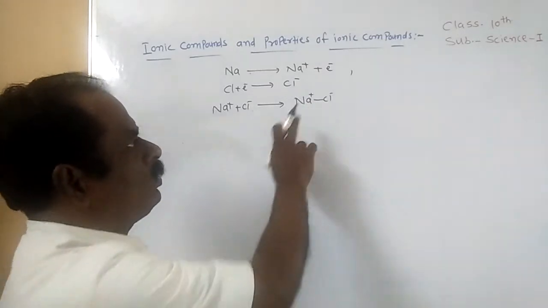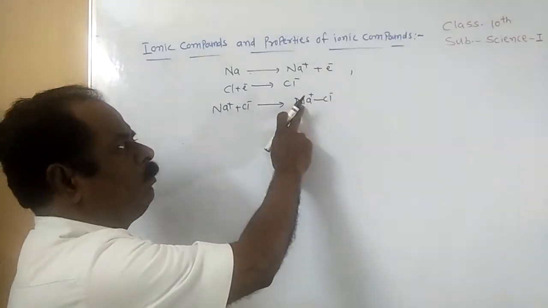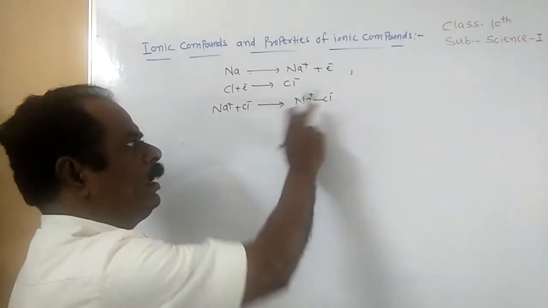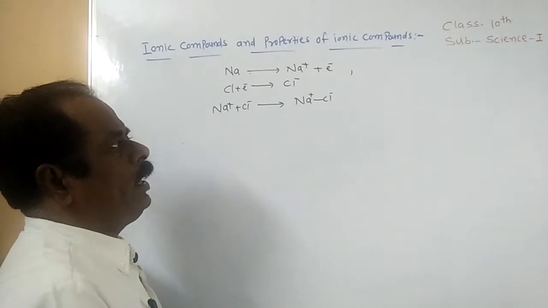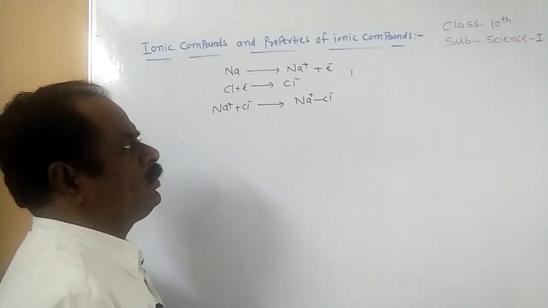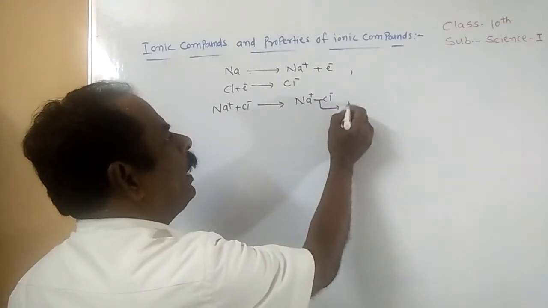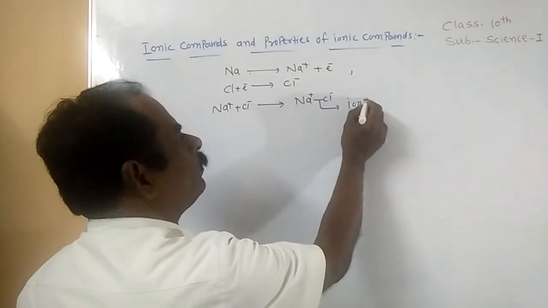This electrostatic force of attraction between the sodium and chloride ions is called an ionic bond.